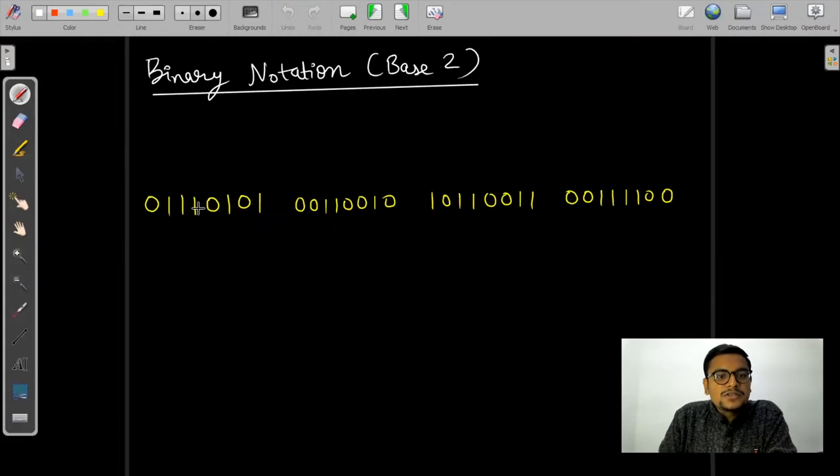In binary notation, we represent the whole 32-bit address in the form of zeros and ones, and we include a space between each group of 8 bits. There are three spaces, which I have denoted with this blue marker.